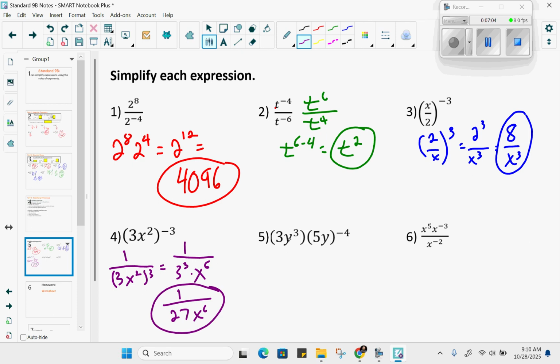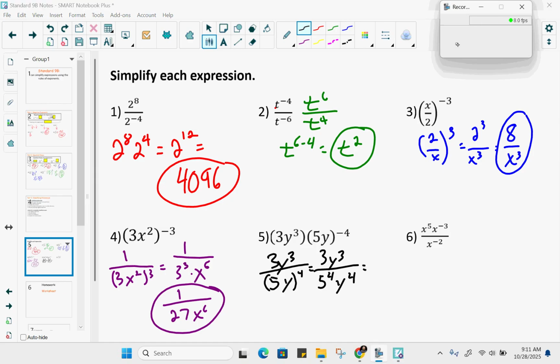Now look, I have 3 times y to the third, all times 5 times y to the negative 4th. That negative 4th only applies to 5y, so I'm going to immediately get 3y to the third over 5y all to the 4th. Now I'm going to distribute that, so I have 3y to the third all over 5 to the 4th times y to the 4th.